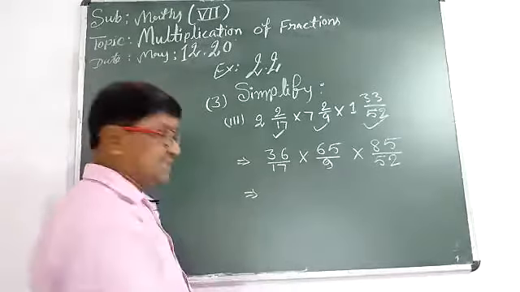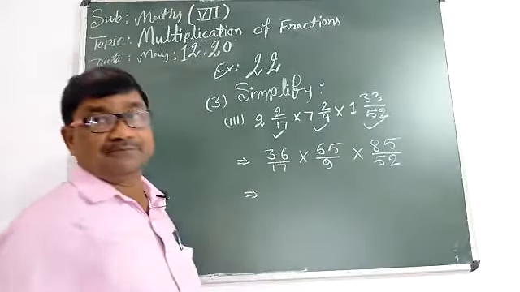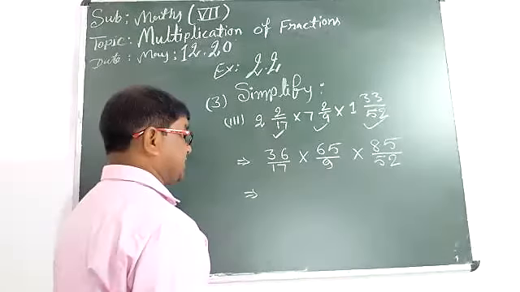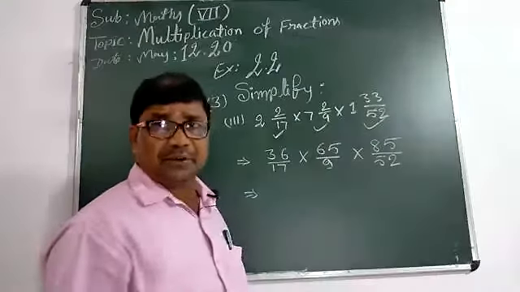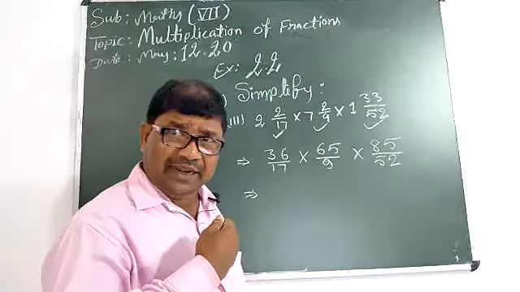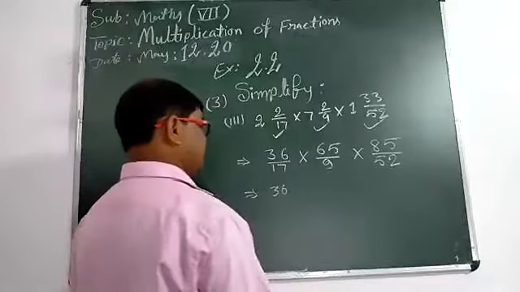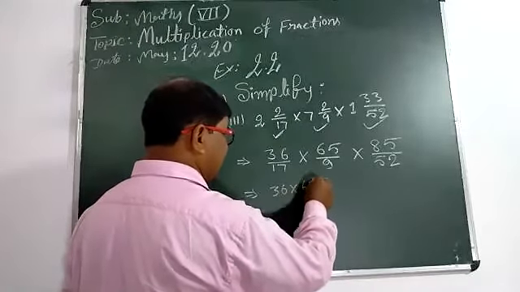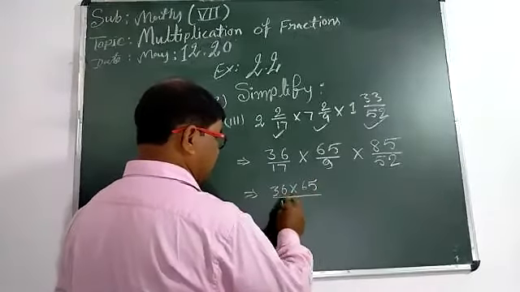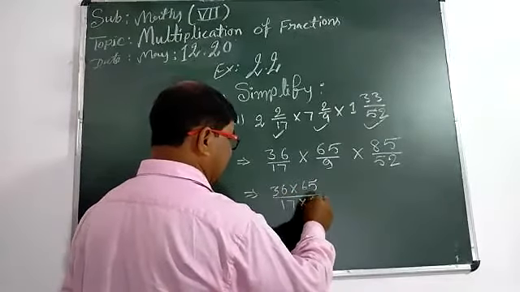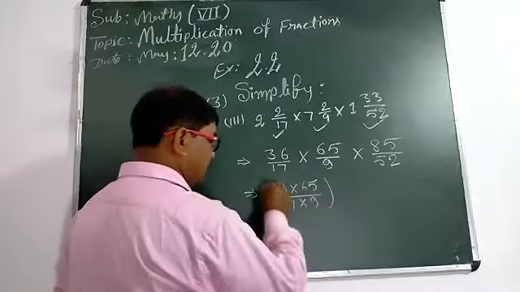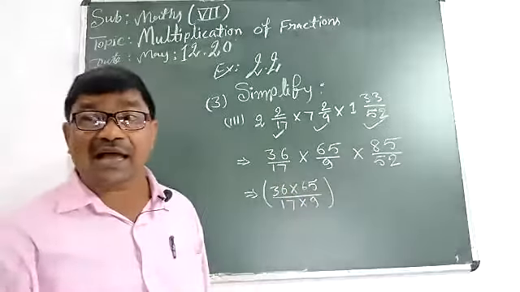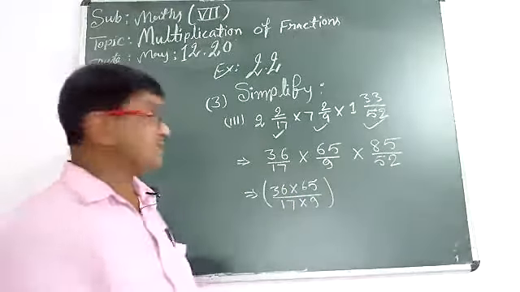Now follow the system. You can do together. 36 multiply 65 upon 17 multiply 9. Okay. Now this is the multiplication.